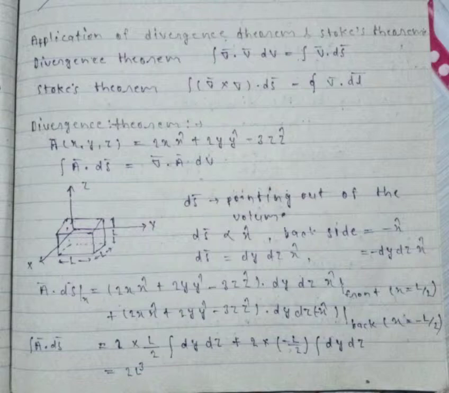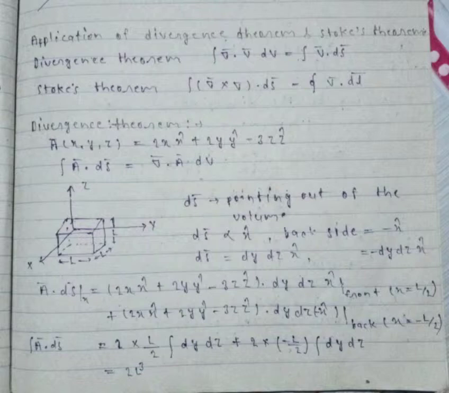Let us take a vector field A, which is given as A(x, y, z) equals 2x x-hat plus 2y y-hat minus 3z z-hat.